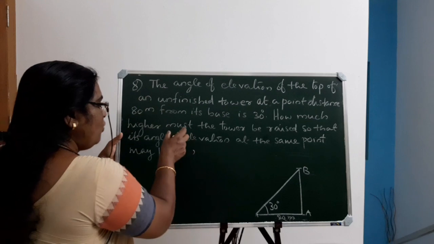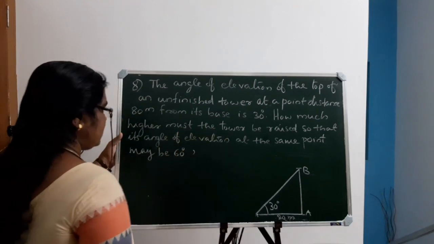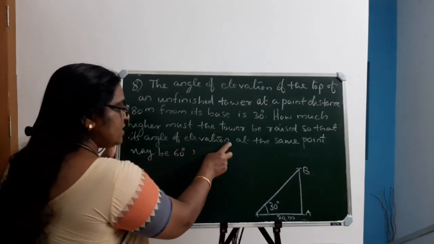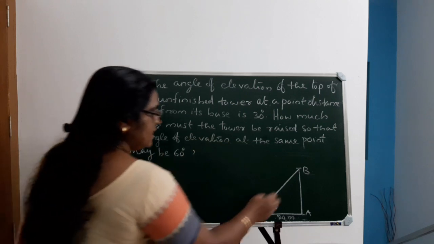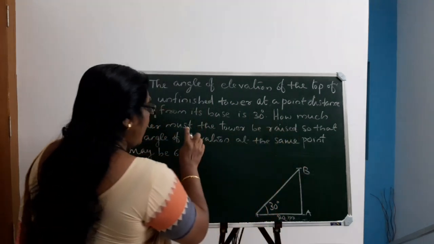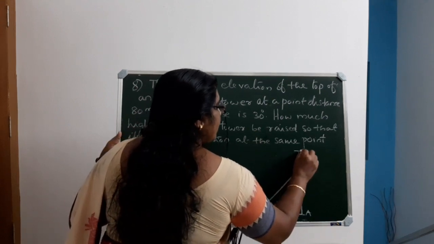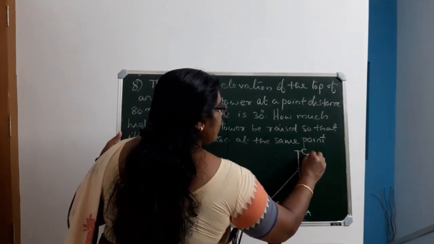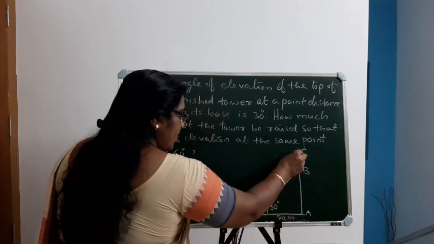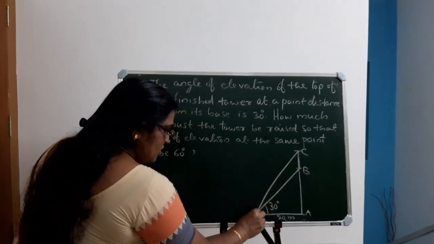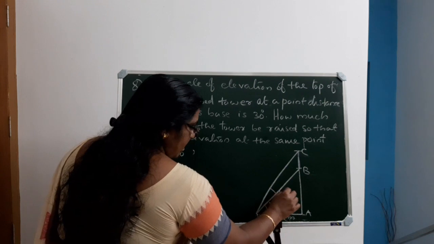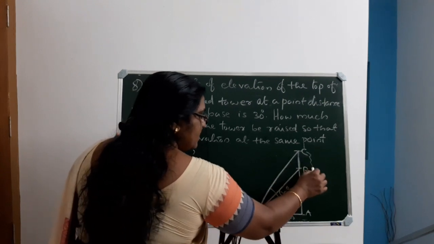Then how much higher must the tower be raised so that its angle of elevation at the same point may be 60 degrees? How much higher must the tower be raised? How much higher? That means this much. When we raise it to this much height, the angle of elevation becomes 60 degrees. So we have to find this height.